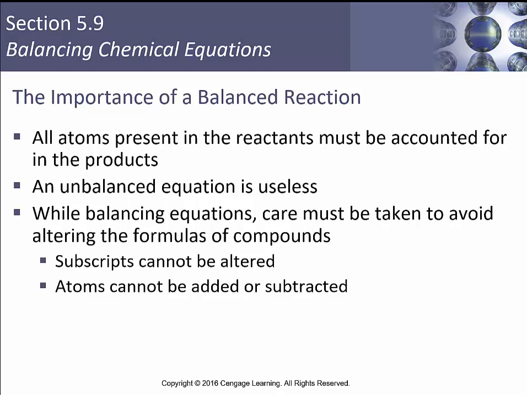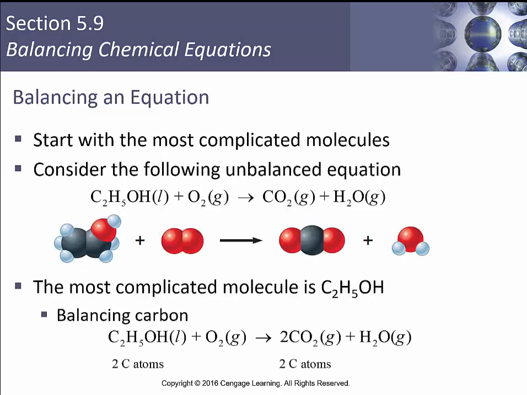So you can't change it and write new stuff that's not part of the product. You can't change what your reactants are. You can't change the subscripts, and the atoms cannot be altered or added or subtracted. You can't swap out an Ag with an H+ just because it makes your life easier.